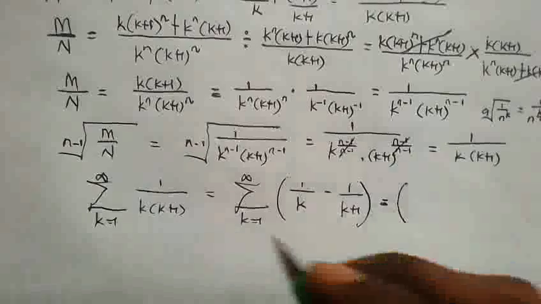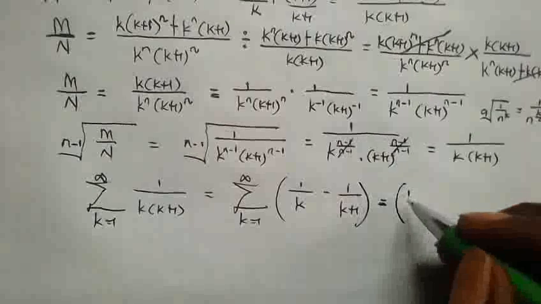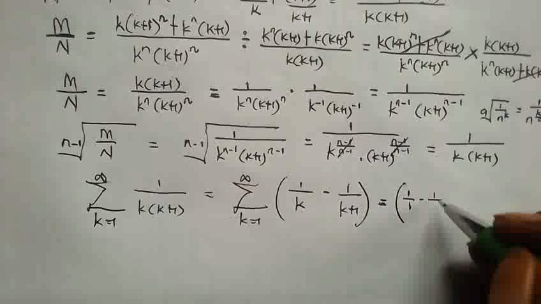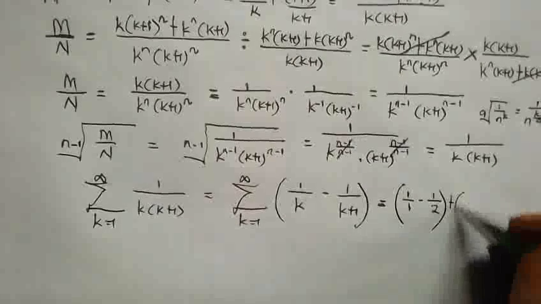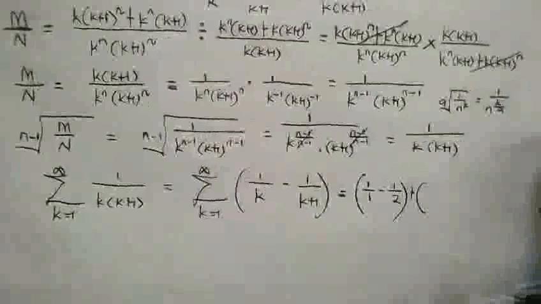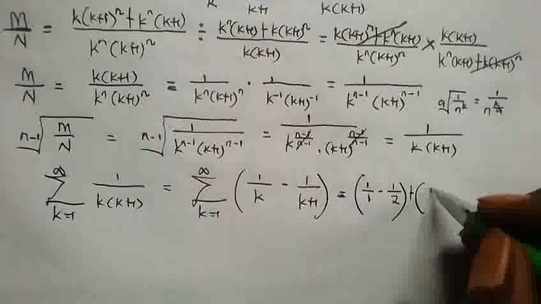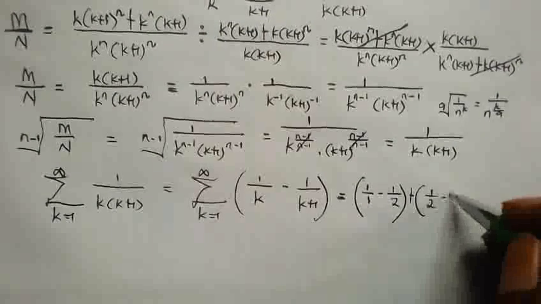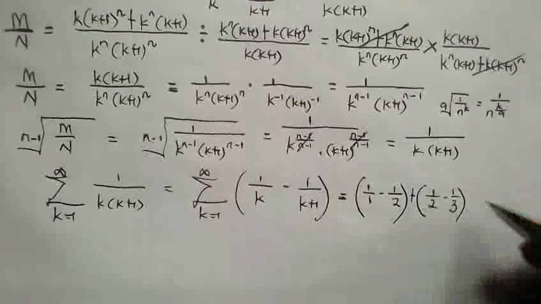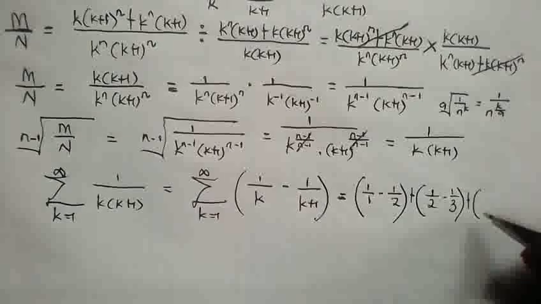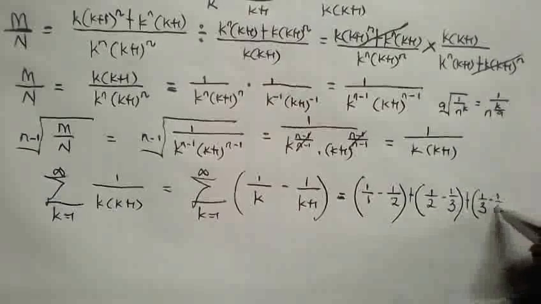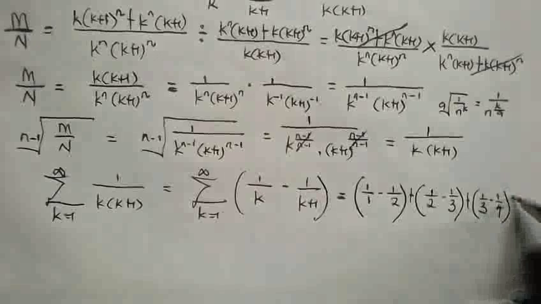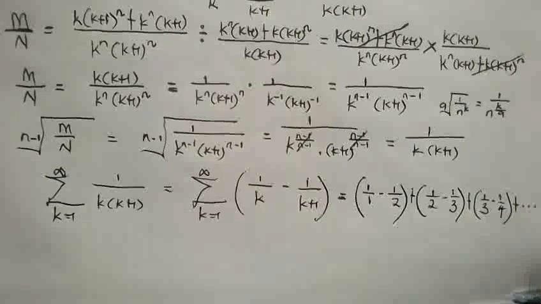So the first bracket, when k is equal to 1, we have 1 over 1 minus 1 over 2. Then plus the second bracket, when k is equal to 2, we have 1 over 2 minus 1 over 3, plus when k is equal to 3, we have 1 over 3 minus 1 over 4, close bracket, plus, and so on, right?